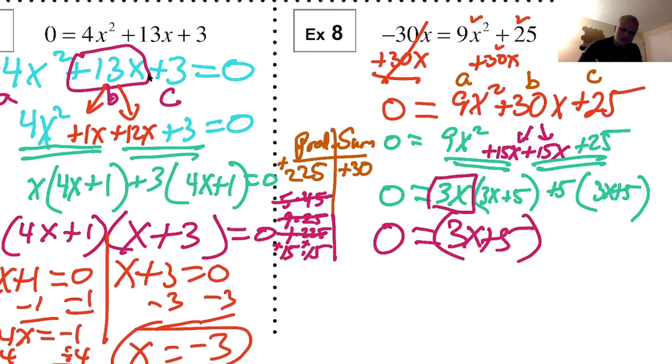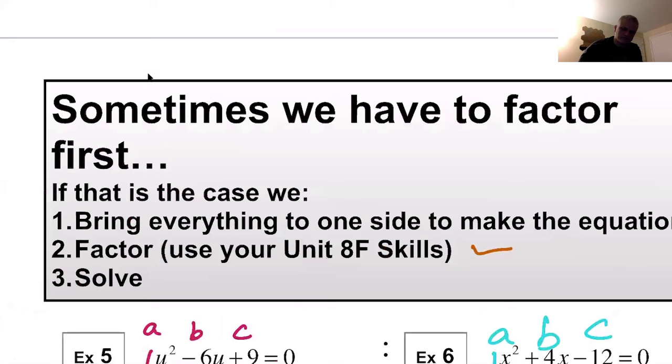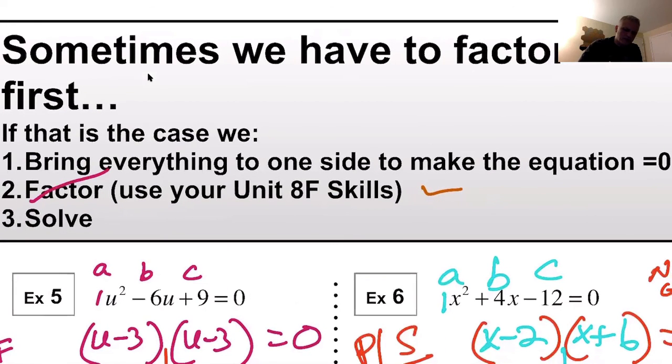We got this 3x, and look at that, a plus 5. So we get a 3x and a plus 5 as the remaining factor after we factored out the 3x plus 5, which is the GCF factor. Okay. Last step. We factored, done.